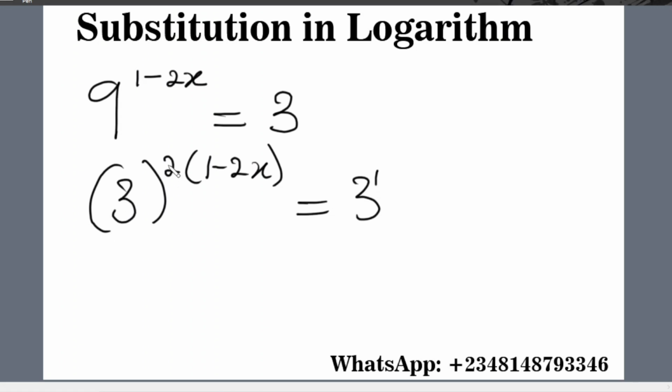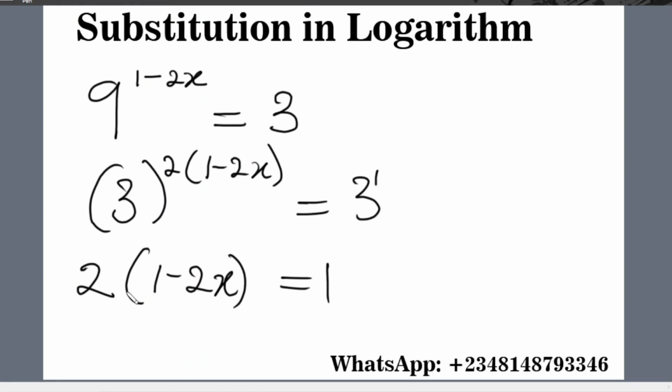Since the bases are the same, simply equate the powers. So we have 2(1 minus 2x) equals 1. The power in the left hand side is 2(1 minus 2x) and the power in the right hand side is 1.